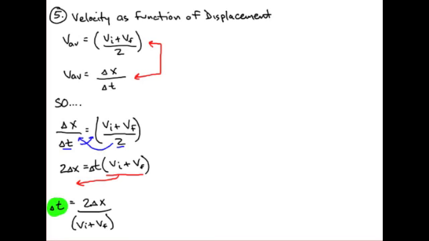Let's put that on hold for now, and let's also recall that acceleration is a change in velocity over the change in time. Acceleration is change in velocity over change in time, and so it can also be written as vf minus vi over change in time.